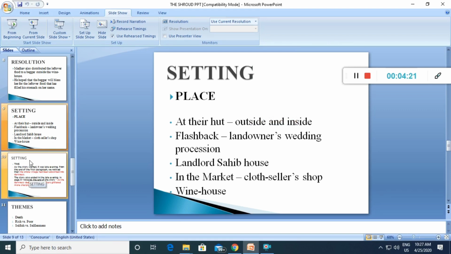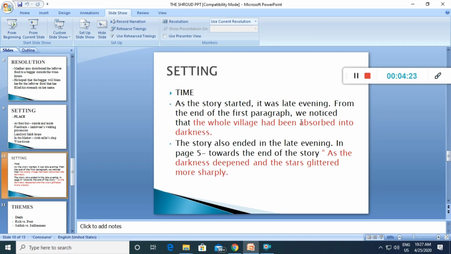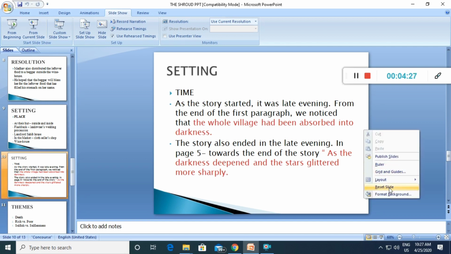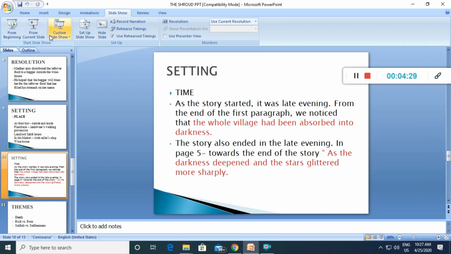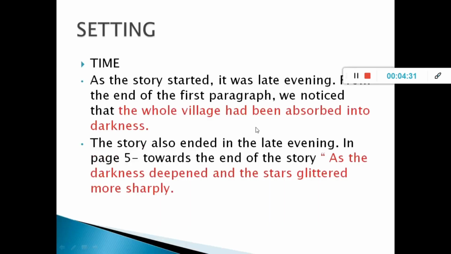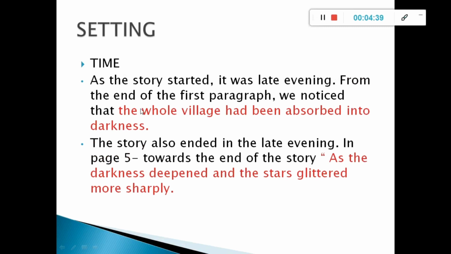Okay, now the next setting, which is on time, right? The story started when it was late evening, right? Even from the end of the first paragraph. How do we know that it was late evening?